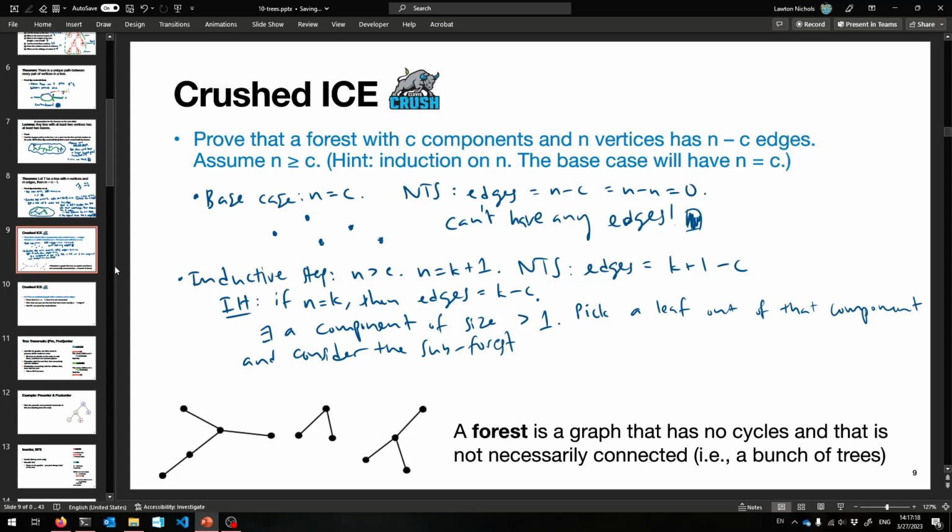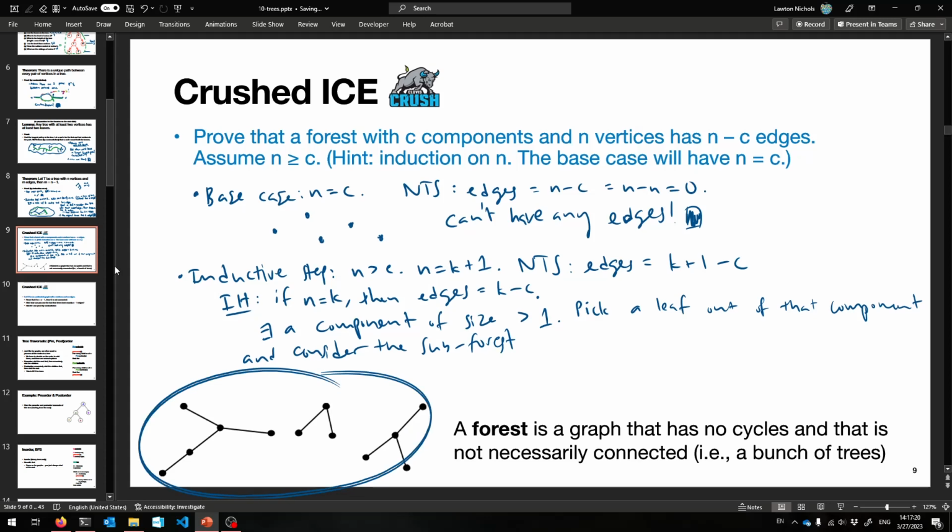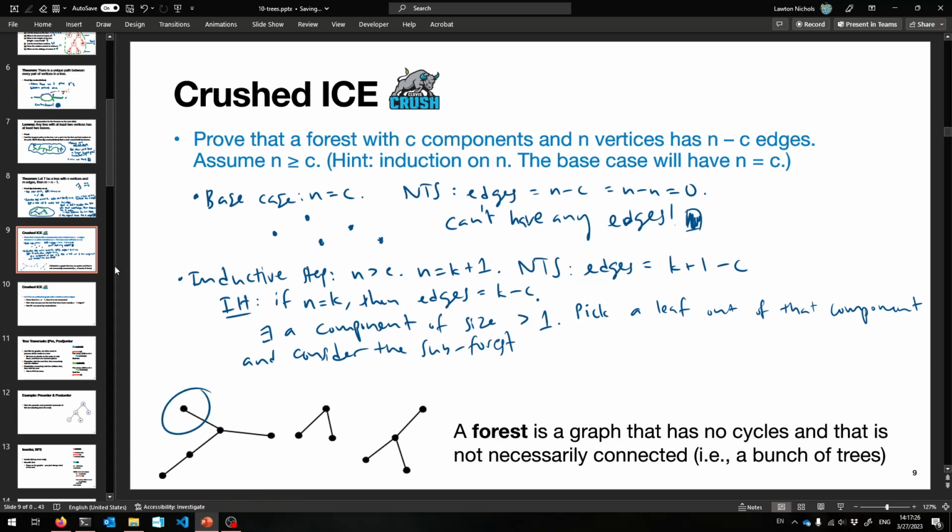So for example, here is our example. Here is a component with at least 2 nodes, and here is a leaf, for example. Let's pretend for a second that it didn't exist. Let's chop it off, and here's a smaller subforest with the same number of components, just 1 less node and 1 less edge. So this is now looking a whole lot like our previous proof.